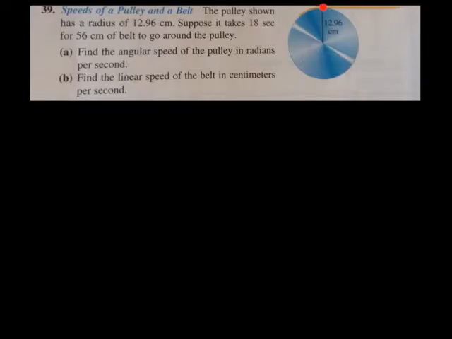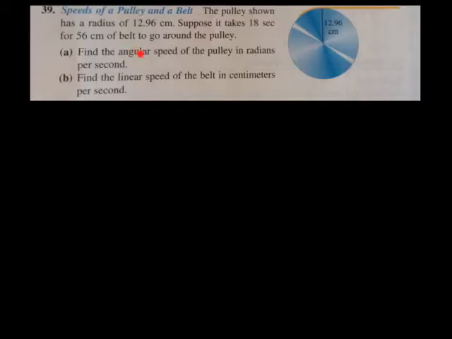And it takes 18 seconds for this pulley to suck up 56 centimeters of belt. So that's what we're given. Let's say it goes from here all the way around to, who knows, here in 18 seconds, and this is 56 centimeters of belt that it pulls onto itself.